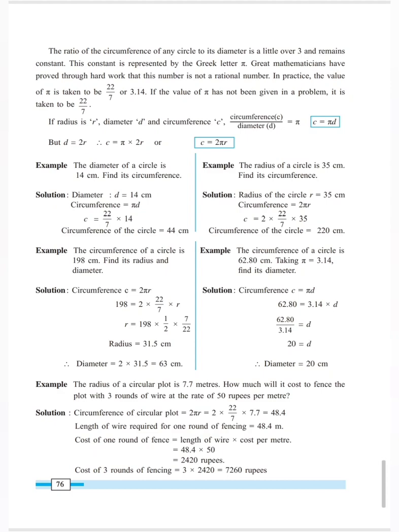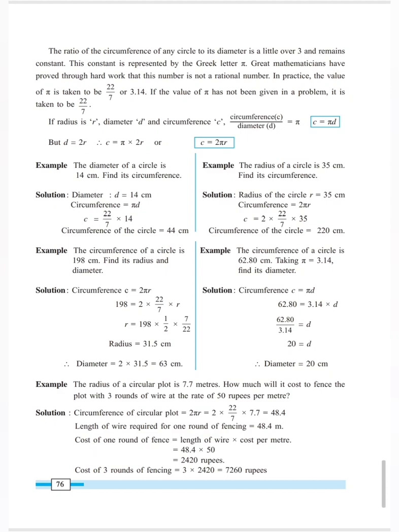So you can write it as 3.14, and you can take it as 22 upon 7 also. Thinking of the need of the example, sometimes 3.14 can be crossed out, sometimes 22 upon 7 can be crossed out. So considering that, depending on the example, we will use it.